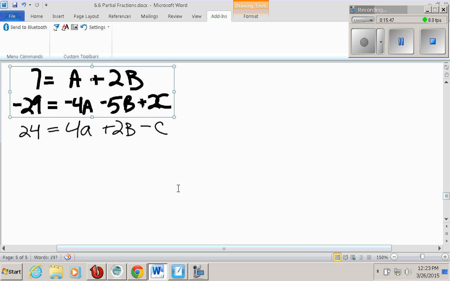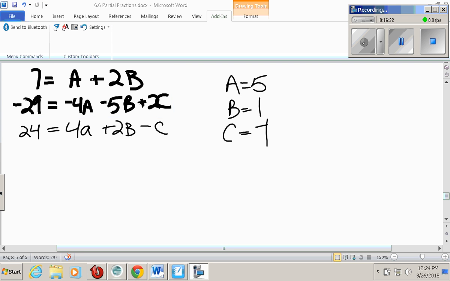Next step is you would solve for the solutions using any of your methods of solving a system that we've learned for this unit of three equations to confirm the answers that we had found in example 2, which was A equals 5, B equals 1, and C equals -1. I'm sorry, C equals -2.